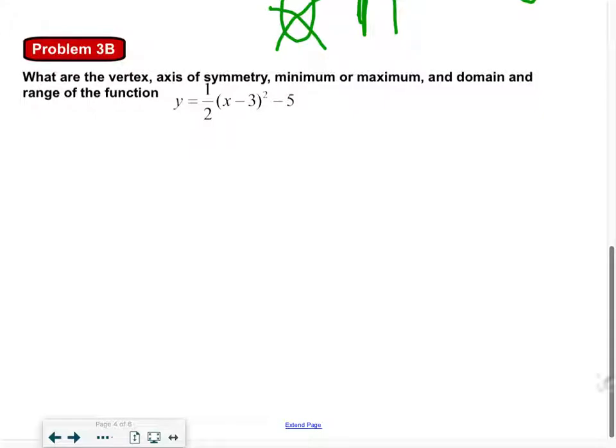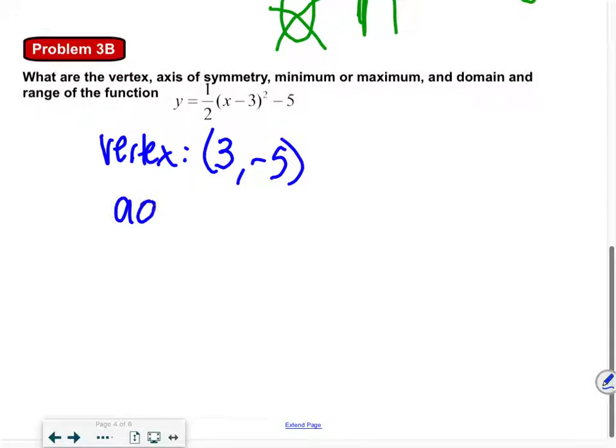All right, vertex. 3, -5, good. My axis of symmetry is x equals what? 3.